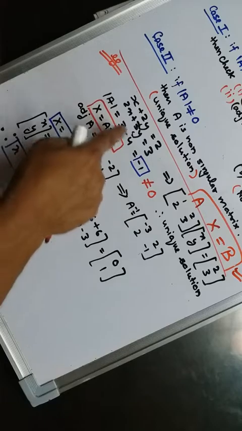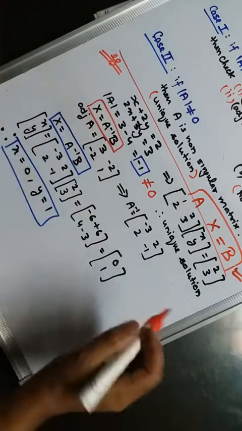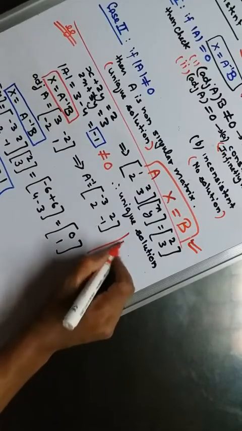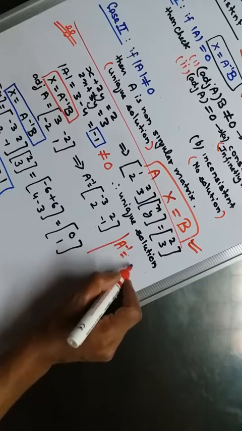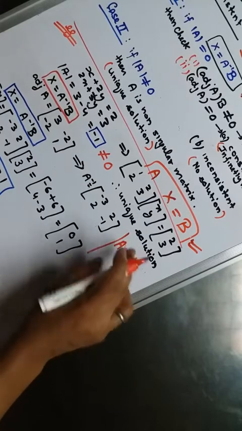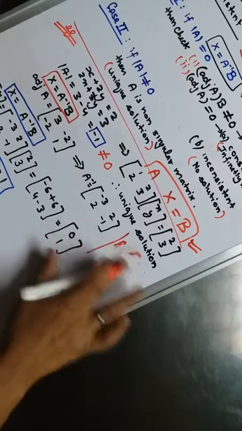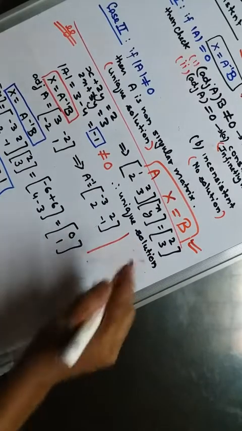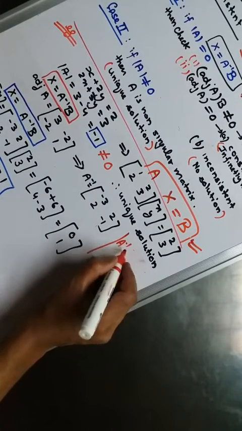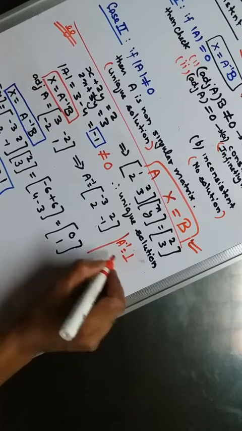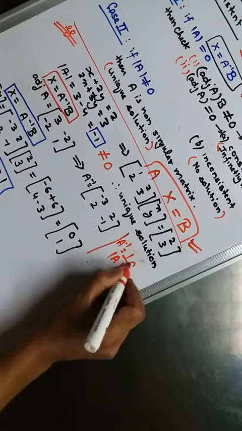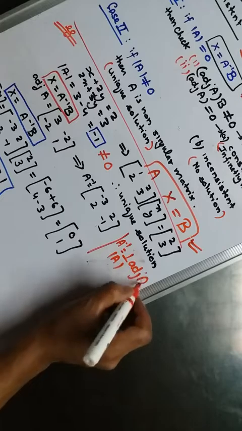We know the formula of A inverse. A inverse is equals to 1 upon determinant of A into adjoint of A.